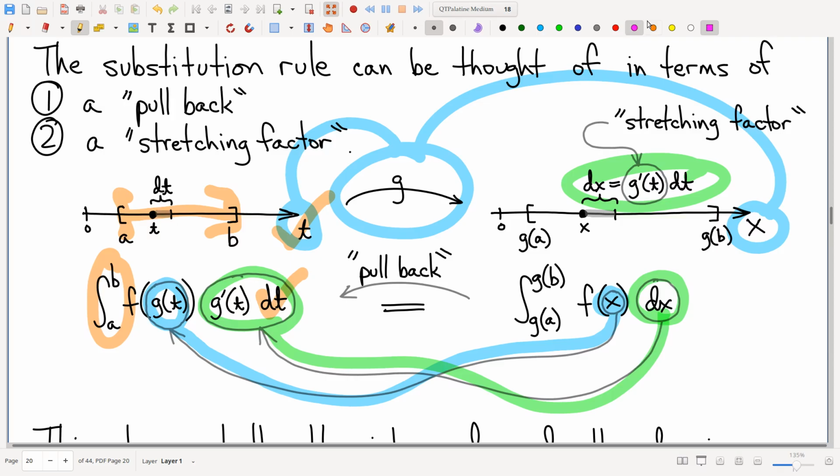Well, my resulting integral is on the x-axis, dx. So the range of values of x is what I need, and that is g of A to g of B. So you can motivate the substitution rule that y'all thought of previously as being a purely algebraic construction. You can view that geometrically and visualize that as a process of taking things and turning them into other things like this. And again, this is the point of view that's going to generalize for us.